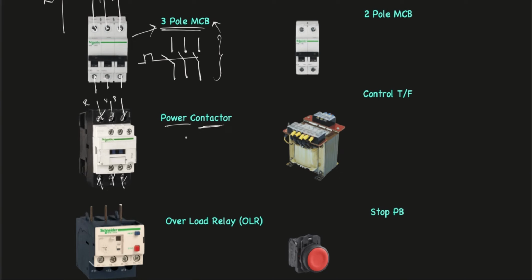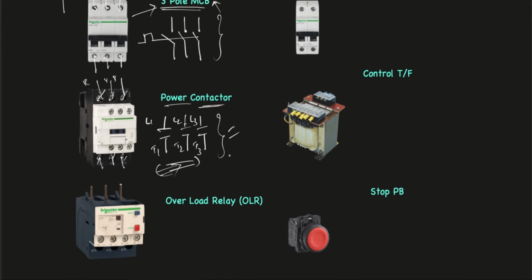So the power contactor single line diagram looks something like this. This is L1, L2 and L3, and this is T1, T2 and T3. This is the very basic representation of a power contactor. There are other forms of representation also, but mostly this representation is used.